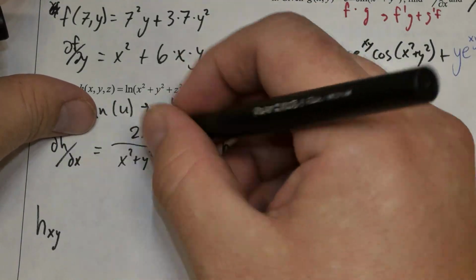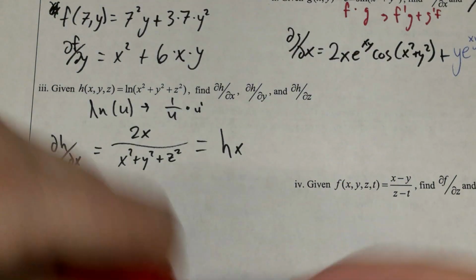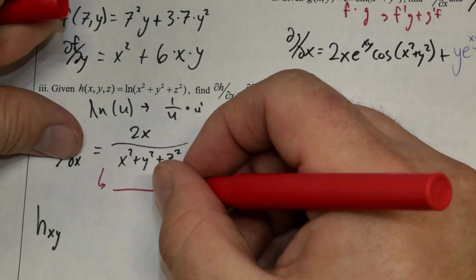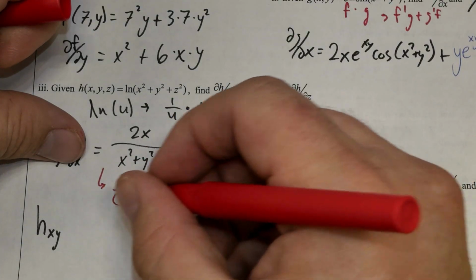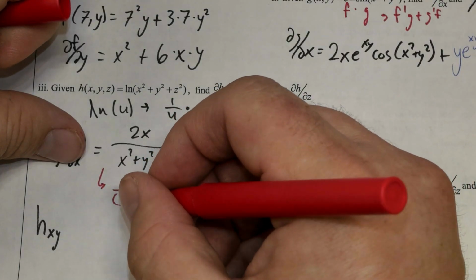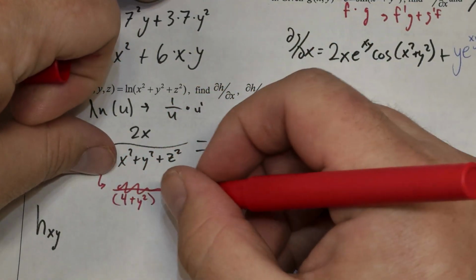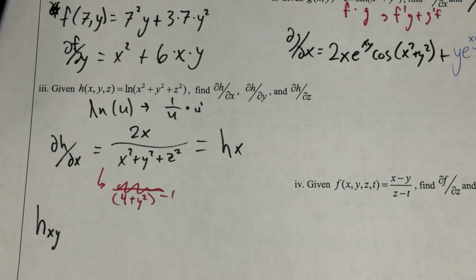So, again, what you could be thinking is if I needed to take the partial based on y next, this would be like some constant, but in my denominator, it would be like, again, 4 plus y squared. And that's kind of like 4 plus y squared to the negative 1 power.